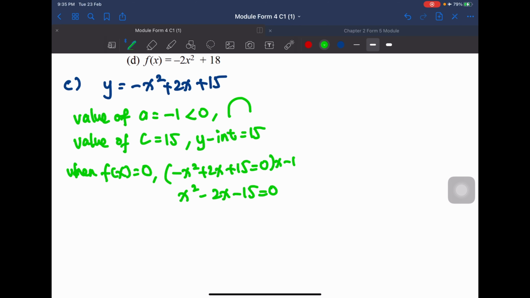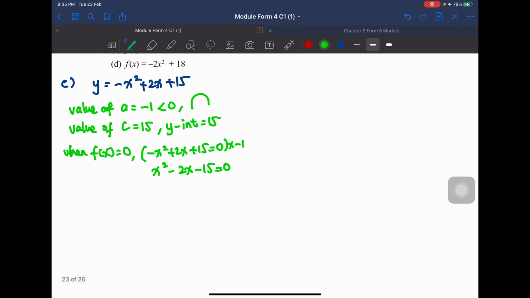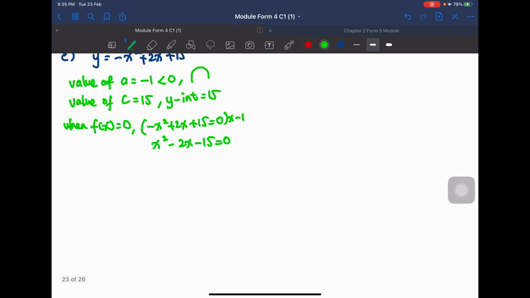Okay, then baru awak tekan kalkulator sama macam tadi. EQN, tekan. Okay, jawapan kalkulator akan bagi x equals to negative 3 or x equals to 5. Okay, jangan lupa backward solution. So you have x plus 3 equals to 0, x minus 5 equals to 0.